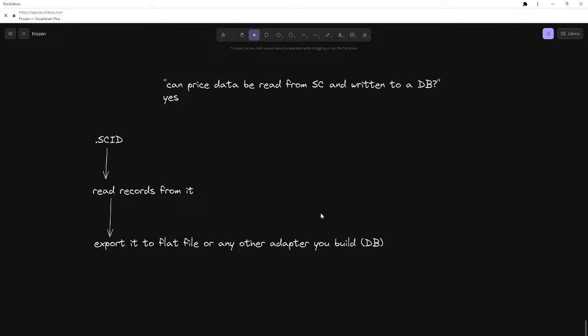So if you want to build your own MySQL adapter or something, just don't redistribute it, because that's illegal. There are pretty big repercussions for redistributing that. But assuming this is all for educational purposes on your own, calculating your own data, then yeah, that's how you would do it.